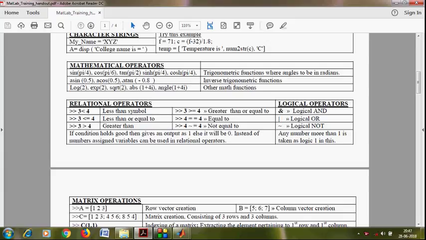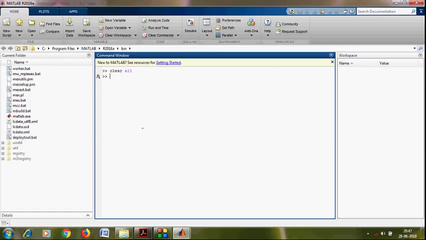Okay, the first important thing before you try any trigonometric function is that it takes the inputs in radians, not in degrees. So I should be using pi. Pi is defined by pi. So sine of pi means 180 degrees, and that's what you get, which is in radians.